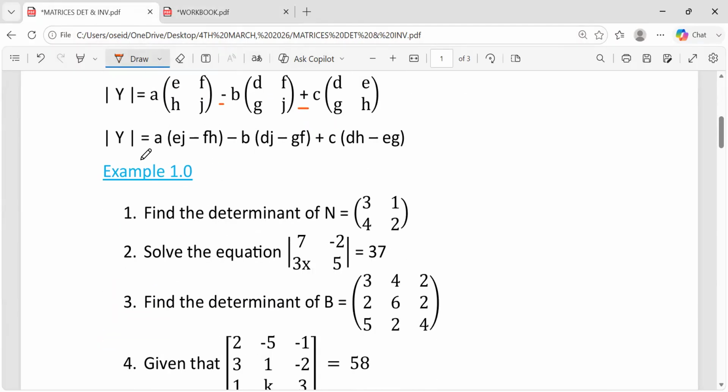So without wasting much time, let's move on with our first example.